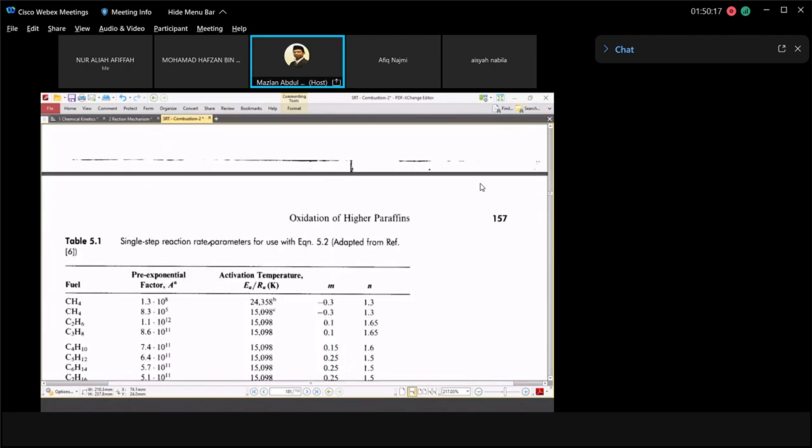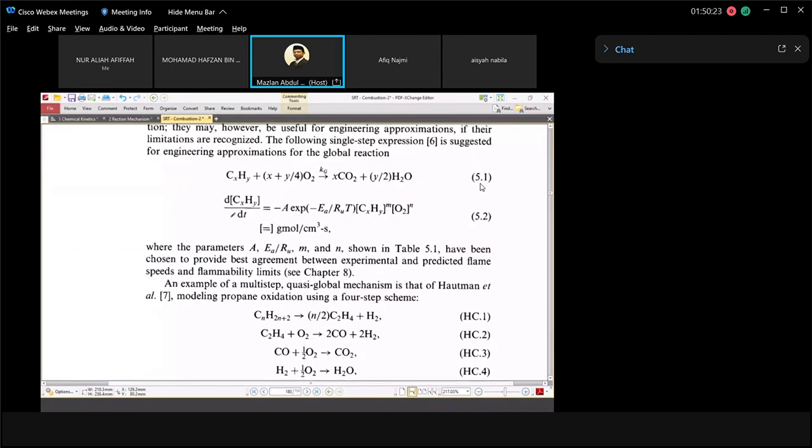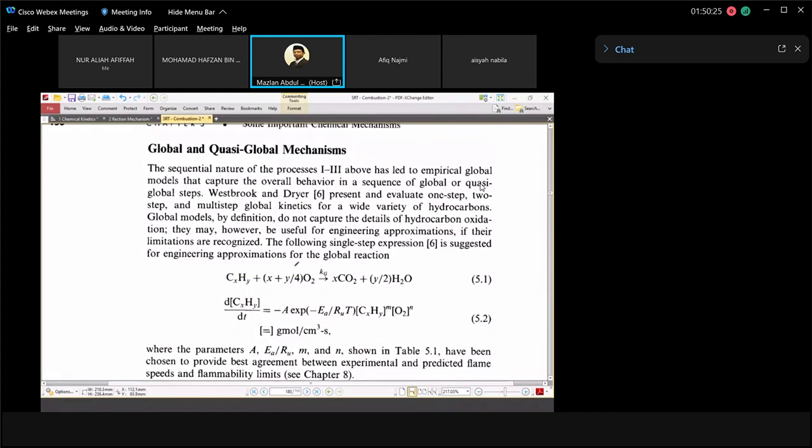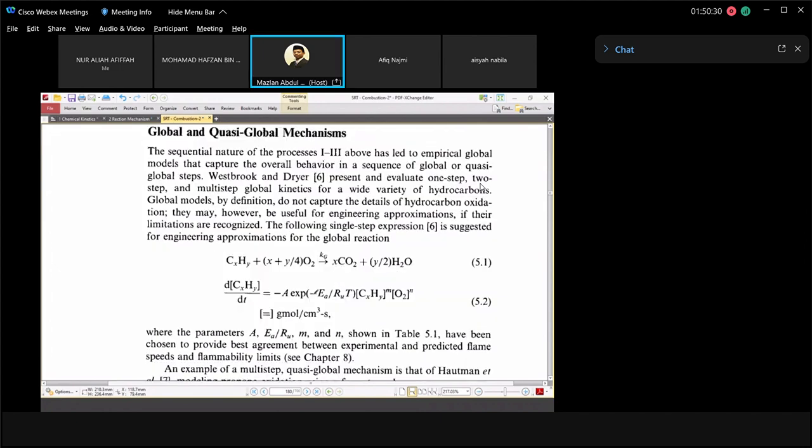Single-step reaction parameters for use in equation 5.2 here. Global and quasi-global mechanism. Okay. Remember we always have this kind of thing: CxHy plus oxygen producing CO2 and H2O.